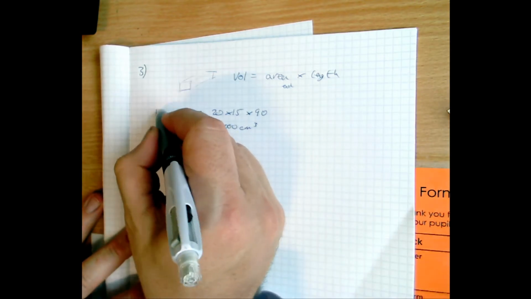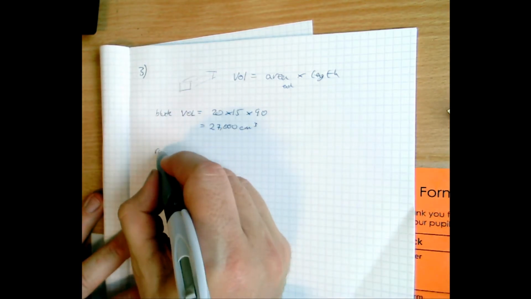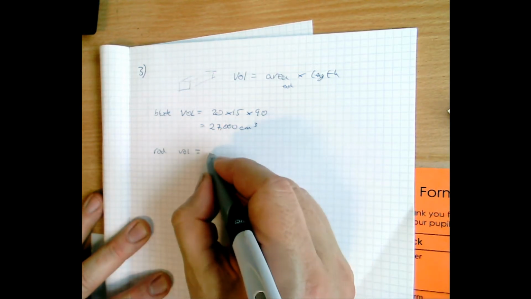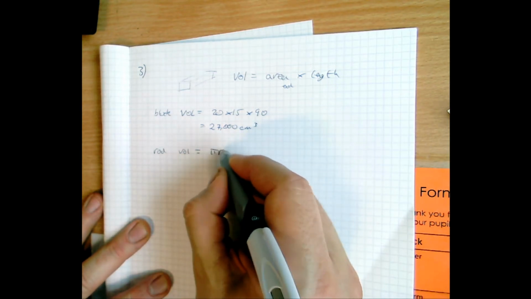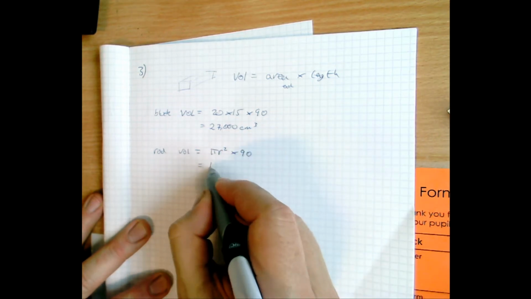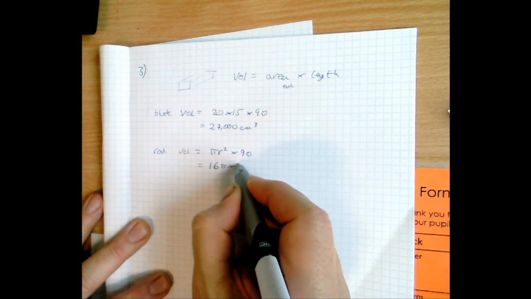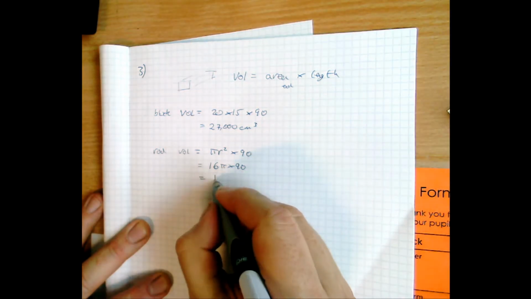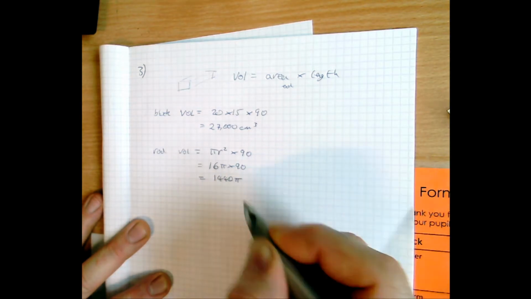That's for the whole block. The rod, well, that's a circle, radius 4, so it's the area of one end, pi r squared, times by 90. 16 pi times 90, 16 times 90 is 1440, 1440 pi.